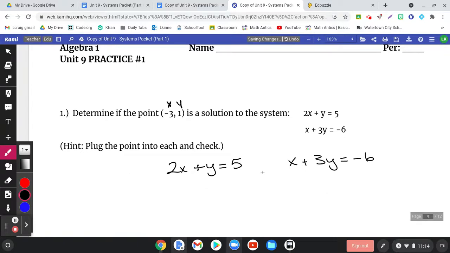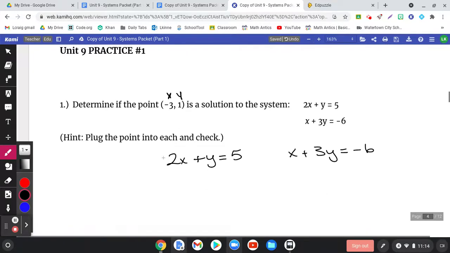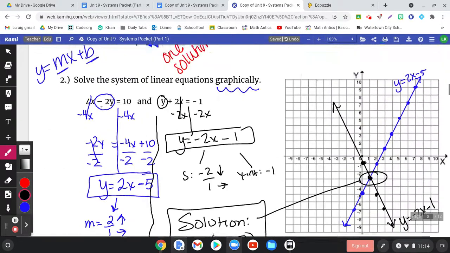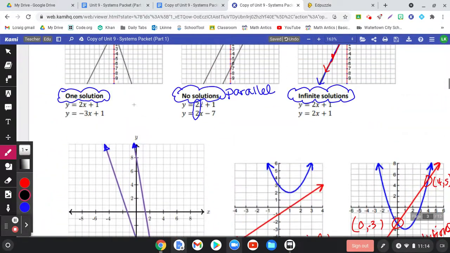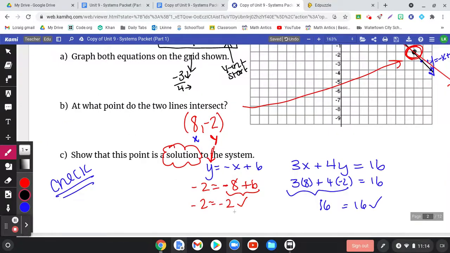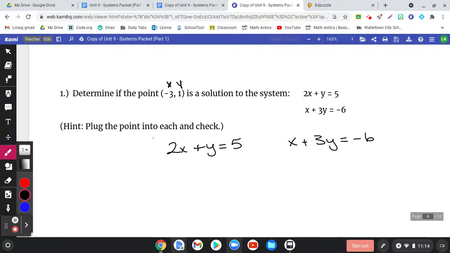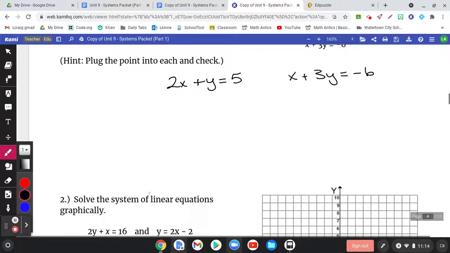If it checks in both, it's the solution. If it doesn't, it's not. So again, if I go back to yesterday's video, it's this check part. So I'm checking the original equations to see if our answer is really the solution. Well, here you didn't have to go through the graphing. It gave you what they think is a solution you're going to check.